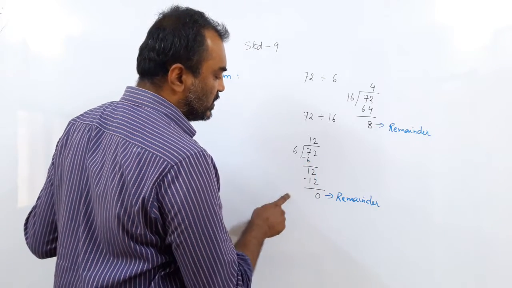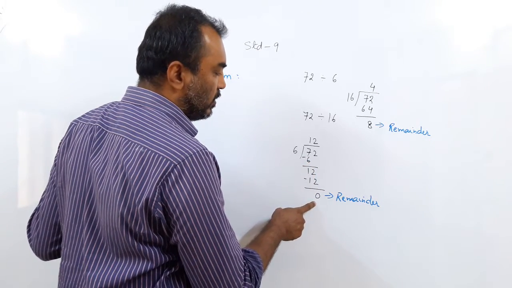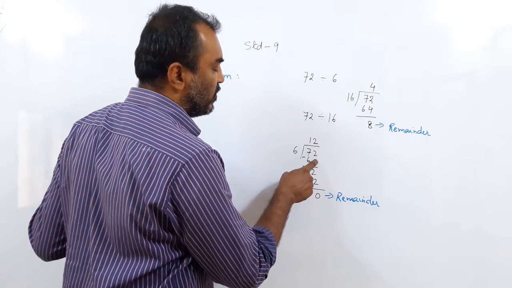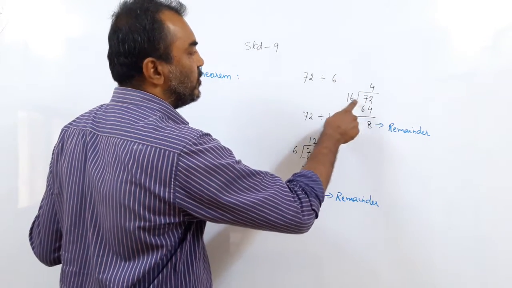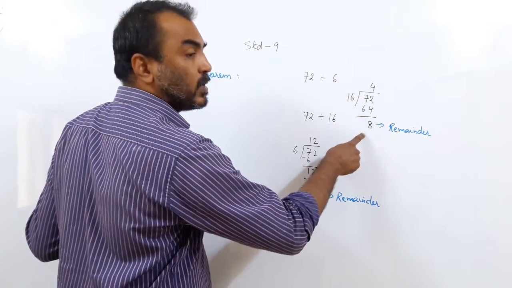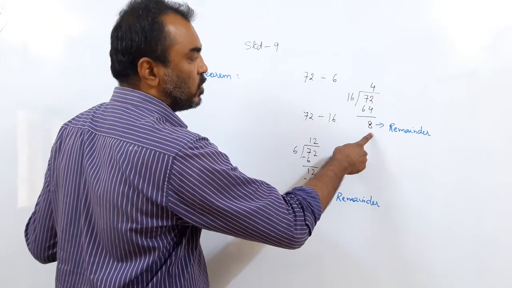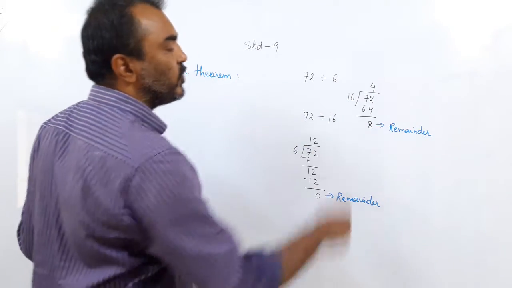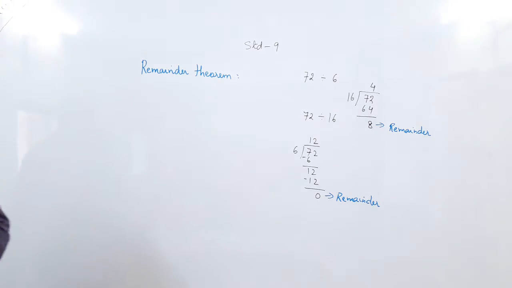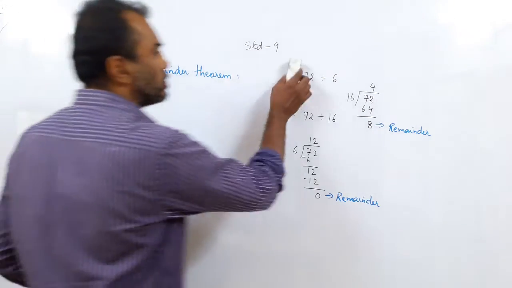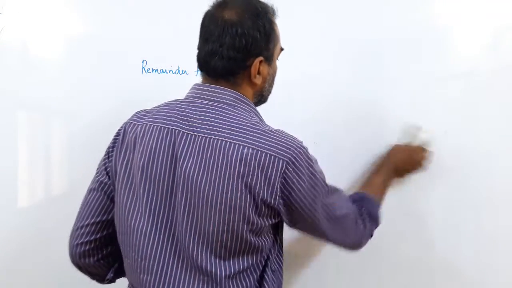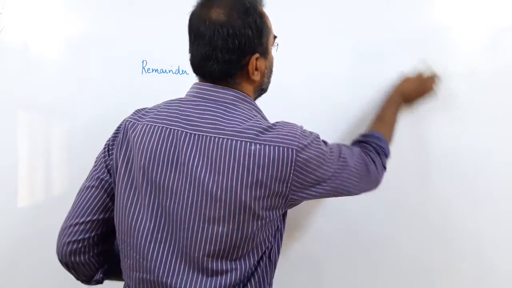So when I did the division and I got a remainder 0, means 6 is a factor of 72. When I divide 72 by 16, I do not get a remainder 0. The remainder is not 0, means 16 is not a factor of 72. Now what analogy I used here, the same I have to use and find the factors.